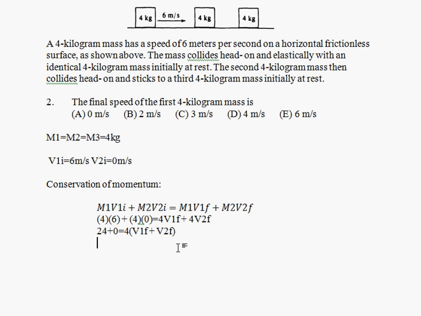We can divide 24 by 4, which is equal to 6, and we finally have v1 final plus v2 final equals 6. But we don't know. Maybe v1 final, for example, is 1, v2 final is 5, or 4 and 2.